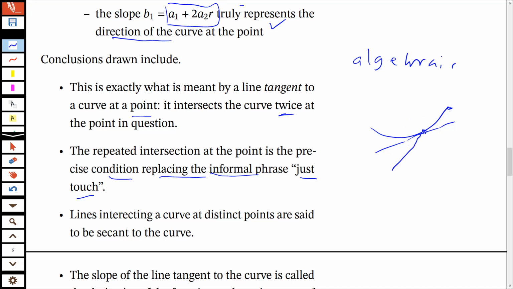For example, this line has two intersections with the curve, one at the point in question, one elsewhere. If we have a line which has both intersections at the point in question, that will be just touching it. Lines intersecting a curve at distinct points are said to be secant. So we are disregarding all the secant lines and picking the tangent line.